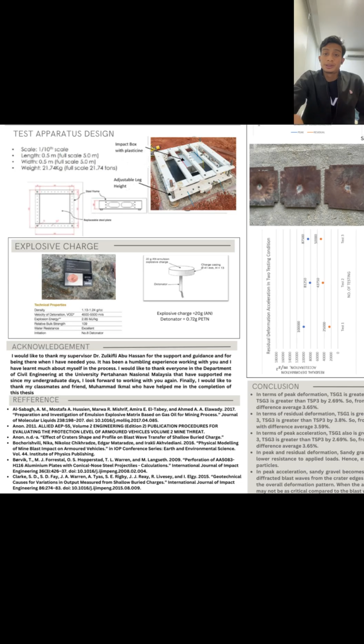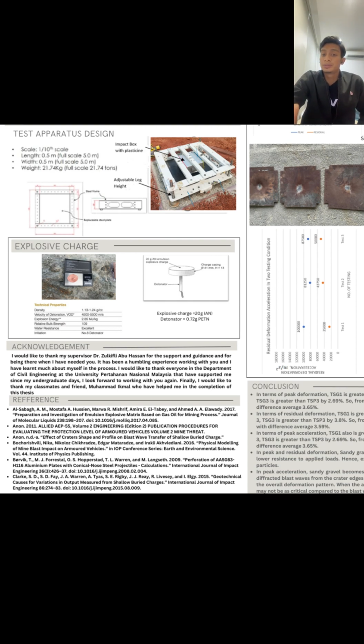For the test apparatus design, as you can see in the figure, a small scale test frame is displayed. A test jig with dimensions of 500 mm in length and 500 mm in width and a target plate made of mild steel are included in the equipment.